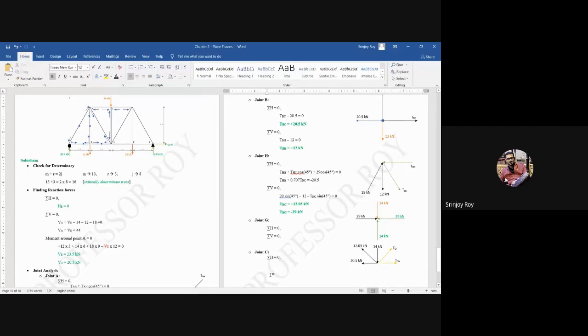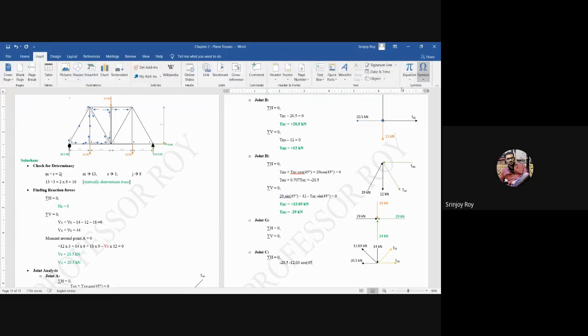It's minus 20.5, plus TCD, one by one, minus 12.03 cos 45, isn't it? The angle is 45 degrees.